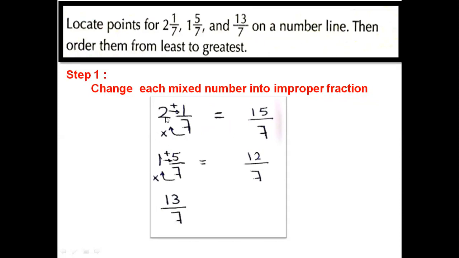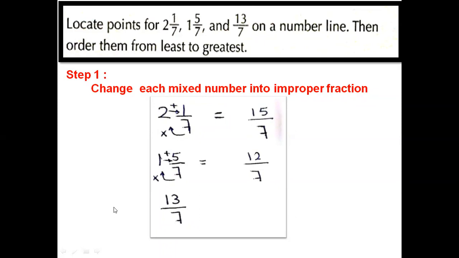So 7 times 2 is 14. Great job. Then plus 1 is 15. So what is the final number? What do we have here? 15 out of 7.